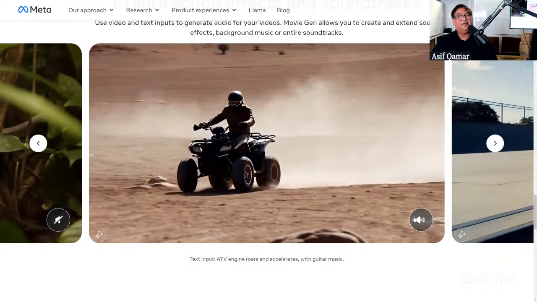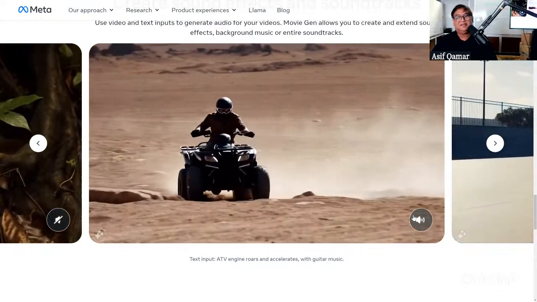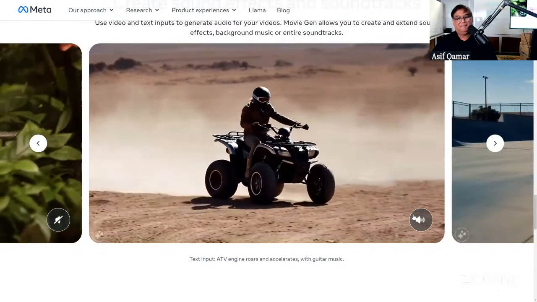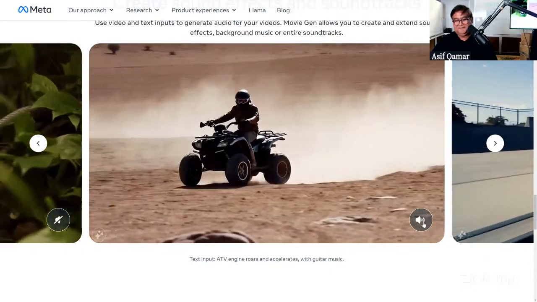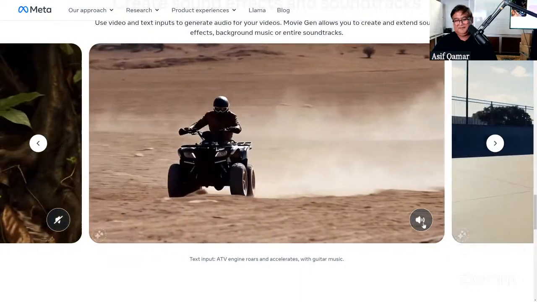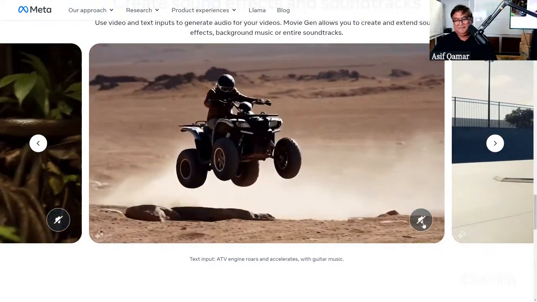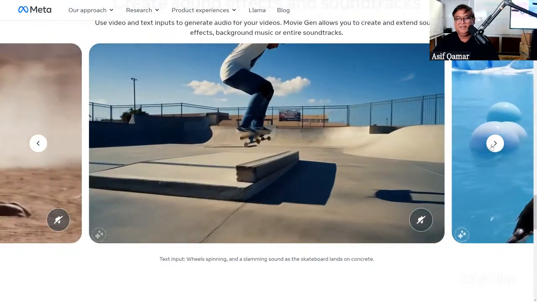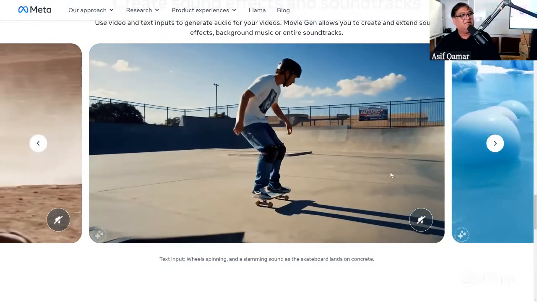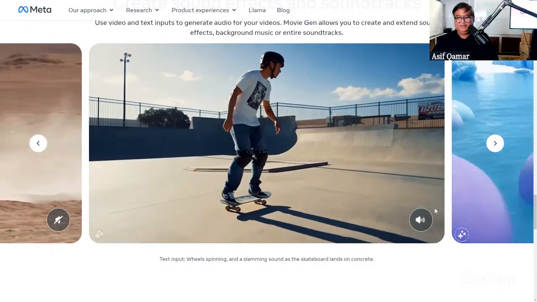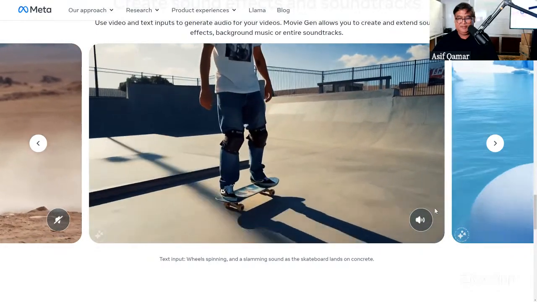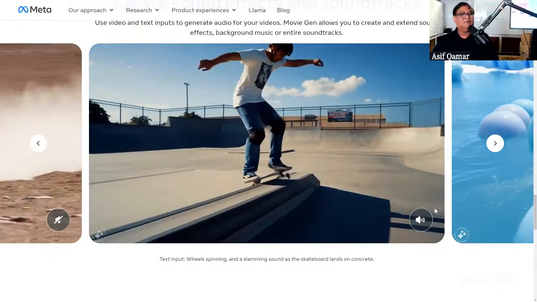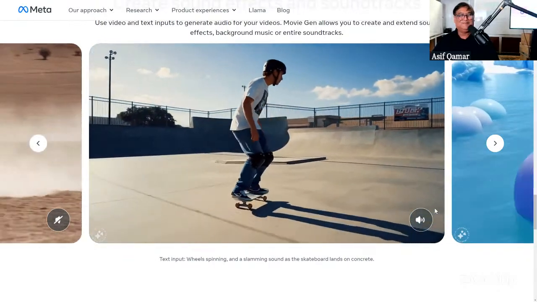You give it a video and it injects the right sound into it. So you can just take an audio and a video, and it will. See, it's gotten the sound of a skateboard against concrete, right?